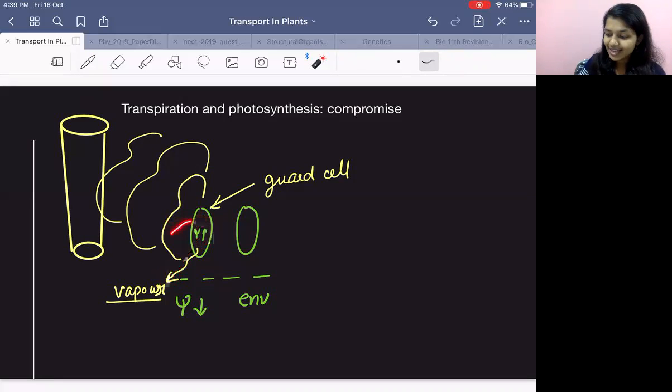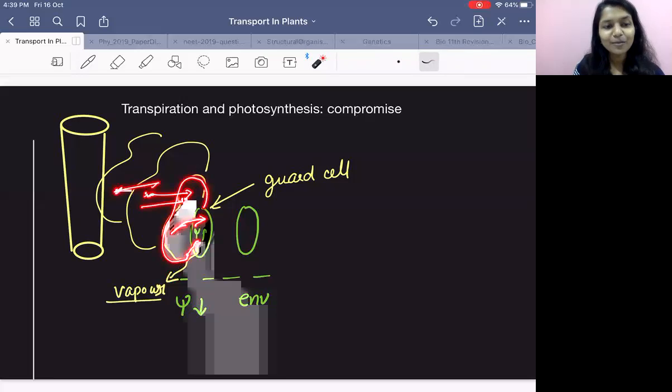Again, this gave water to this. What happened to the subsidiary cells? Loss of water happened, right? Again, water potential became less. Again, it will say, give me water, to this cell. Now this cell will give water. Now it will say, I gave water to him, you give me a little. Then it will give water to this.